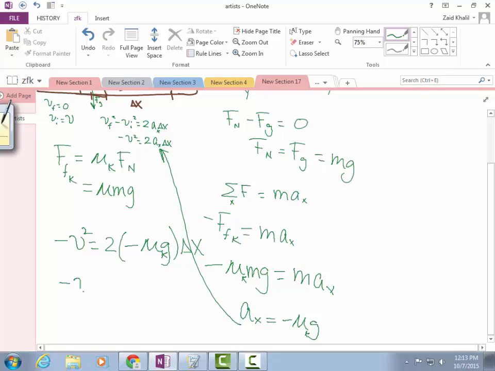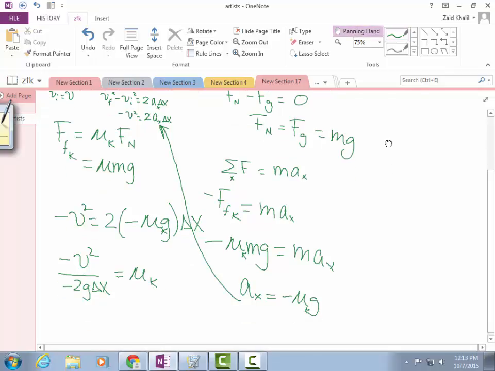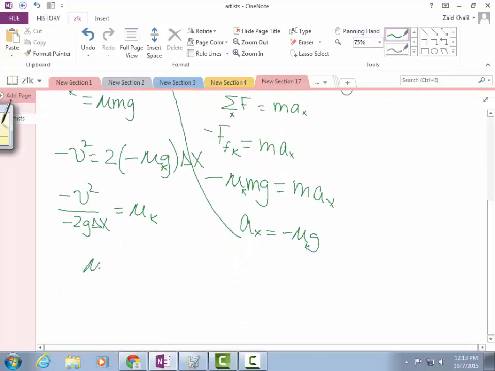You get negative v squared over negative 2 g delta x equals mu k. And mu k equals v squared over 2g delta x.